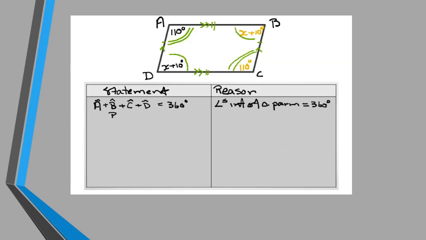But there's a very important statement now that we have to make. We do know that the opposite angles are equal, so angle A must be equal to angle C, which must then be 110 degrees. The other one also: angle D equals angle B, which must be x plus 10 degrees.